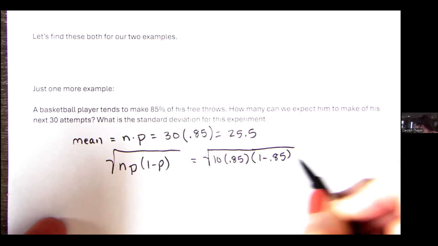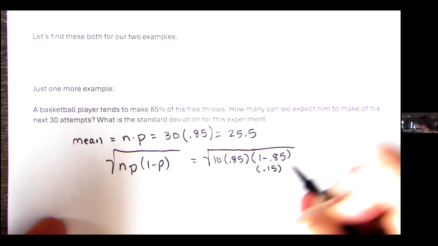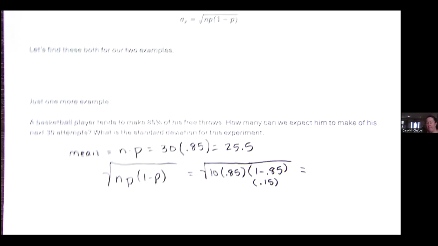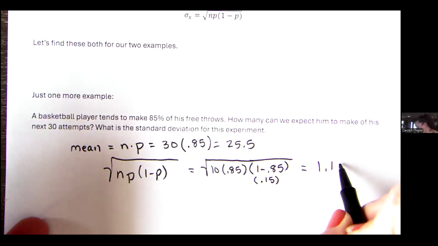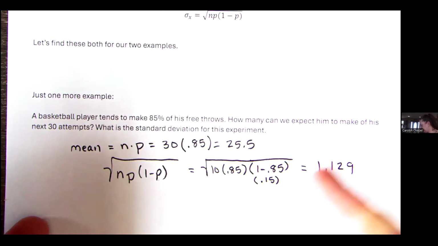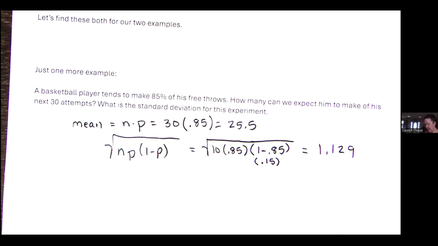That's all underneath the square root. 1 minus 0.85 is 0.15, and I usually do that ahead of time. So square root of 30 times 0.85 times 0.15, all under my square root. Hit my equal button, and I get 1.129. So that is how we find the mean and the standard deviation of a binomial.